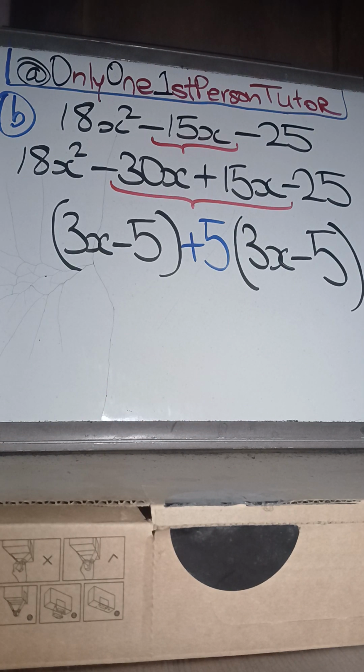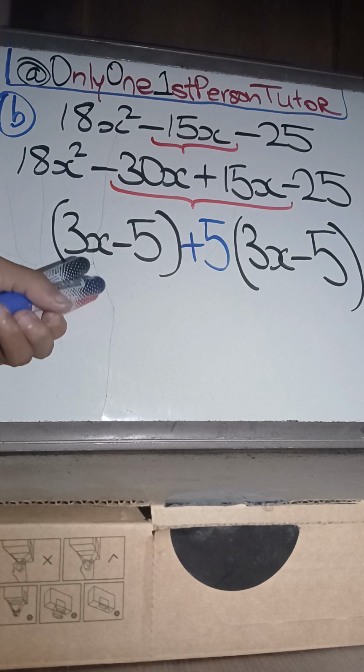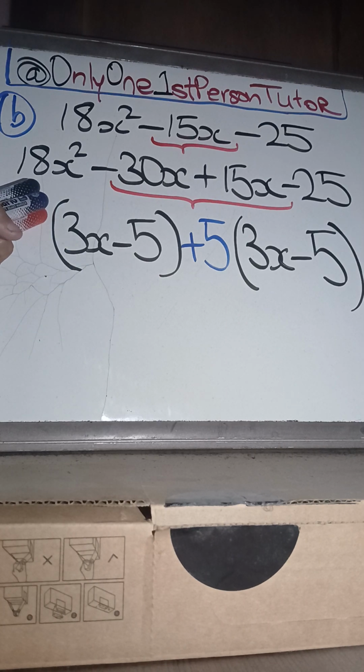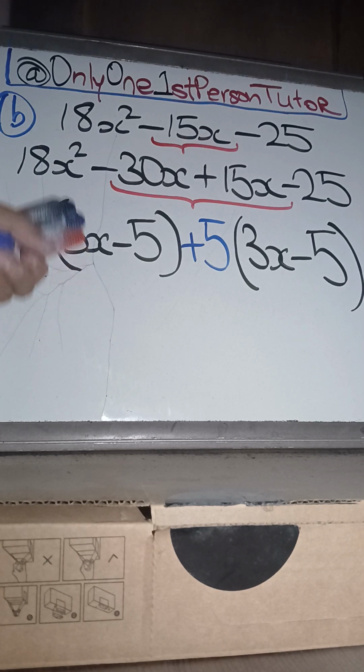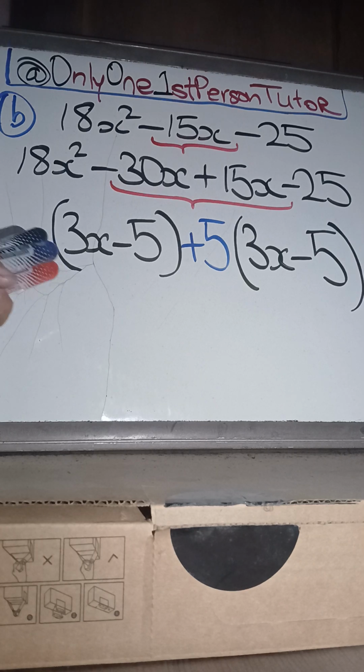Okay, so why would we need to do that? Because now we can divide 18x squared by the 3x right here. X squared divided by x will leave you with an x. And then of course 18 over 3 will leave you with 6. So on the outside here you're going to have 6 then x, so outside here will be 6x.